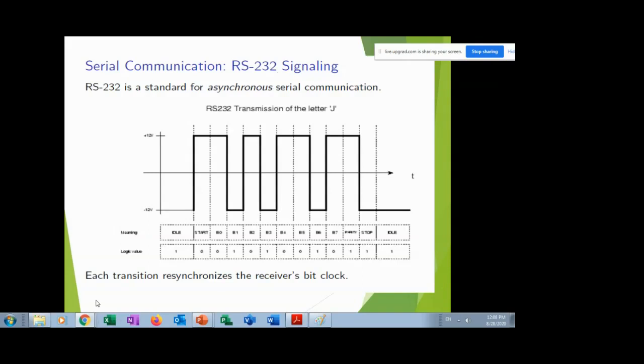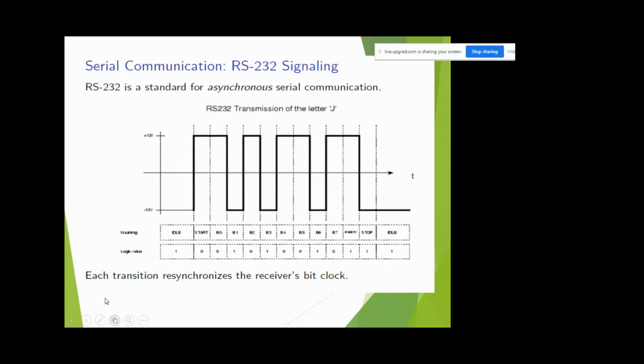So you can see here, this is the overall bit pattern: 1, 0, 0, 1, 0, 1, 0, 0, 1, 0, 1, 1, 1. This is the data that we have to transmit using RS-232 signaling, which is one of the formats. Here the first bit is 1 and the second bit is 0.